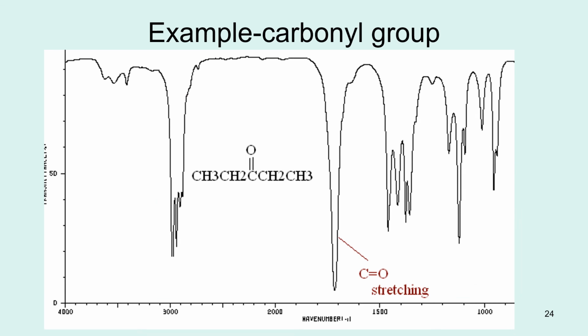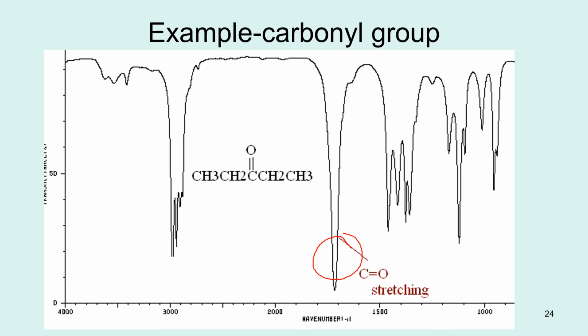Here's some examples. So right here, you're going to see a big, strong absorption right here around 1700. So maybe just slightly, it could be anywhere in this region. And so you can see here, this is 3-pentanone, where the ketone's on the 3rd carbon.